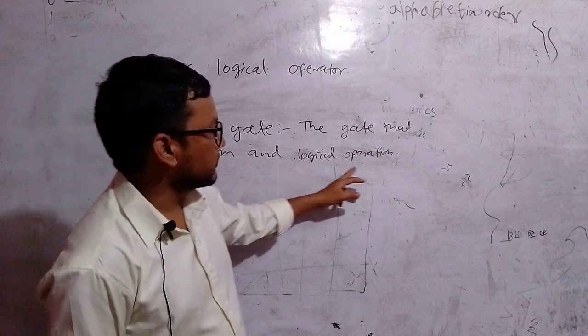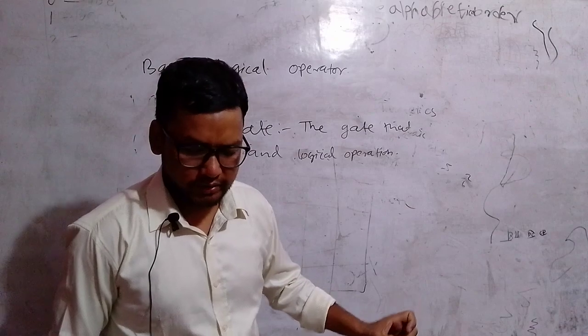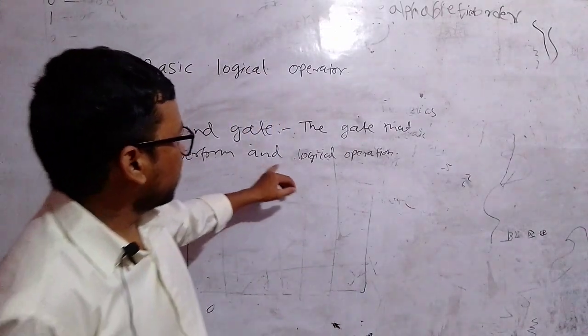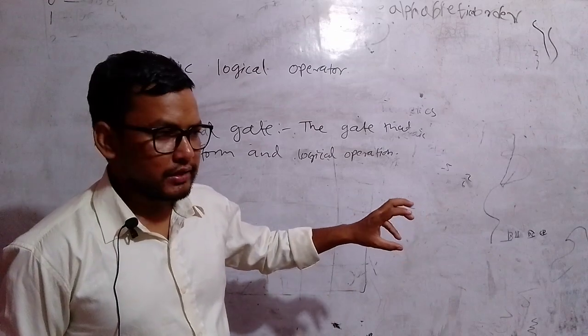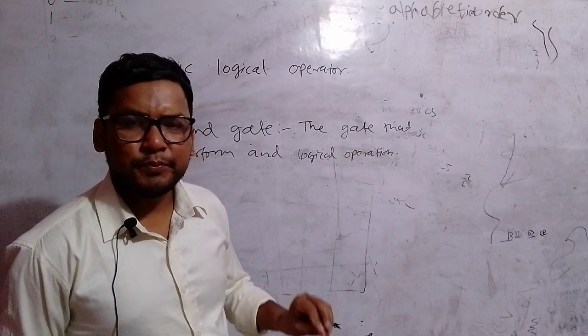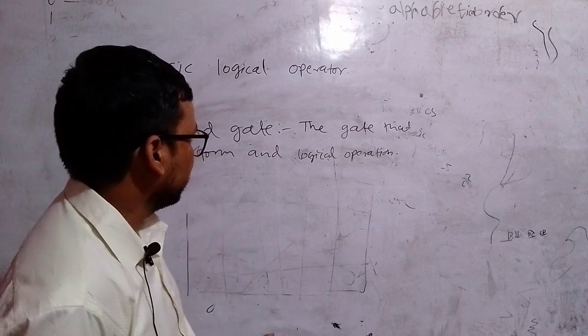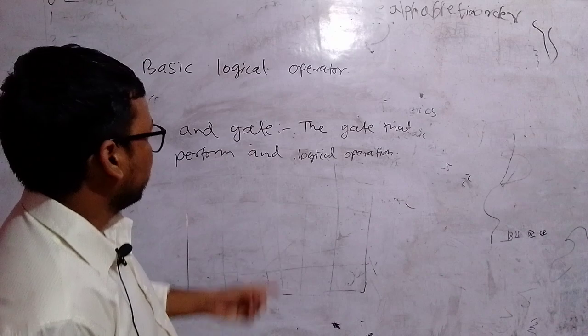What is the AND logical operation? The AND logical operation takes any number of inputs and produces 1 only if all of the inputs are 1, otherwise it produces 0. This is the AND logical operation.